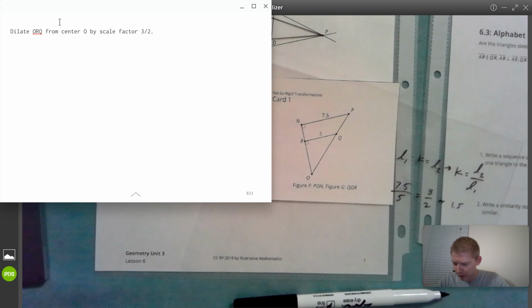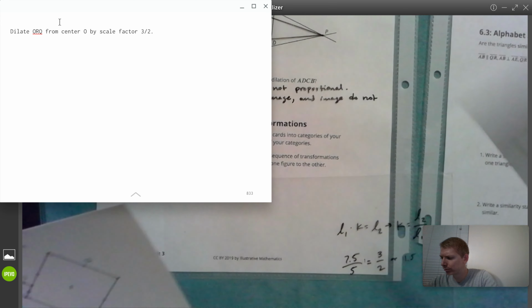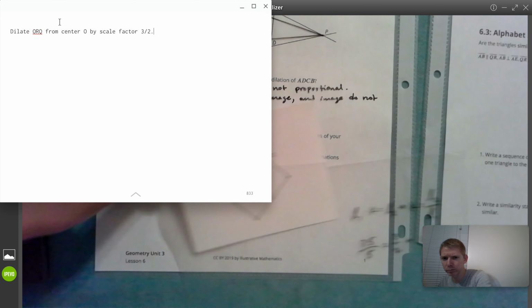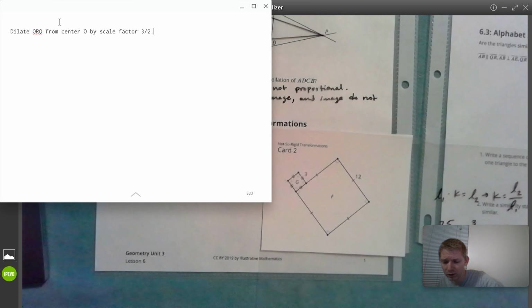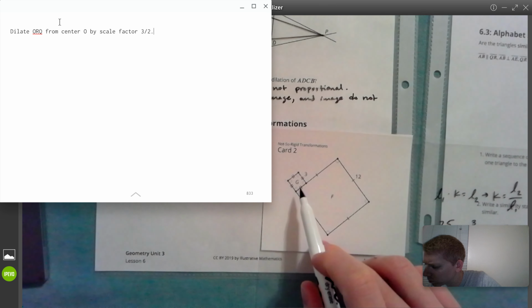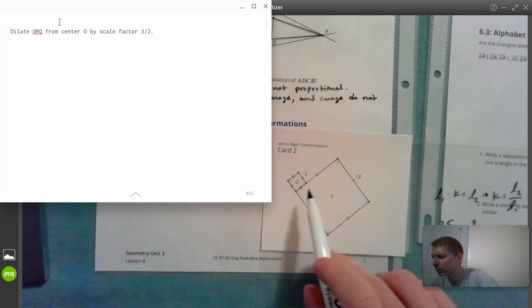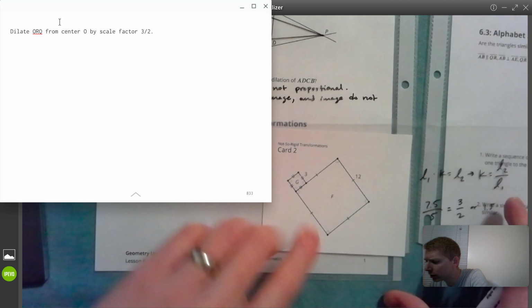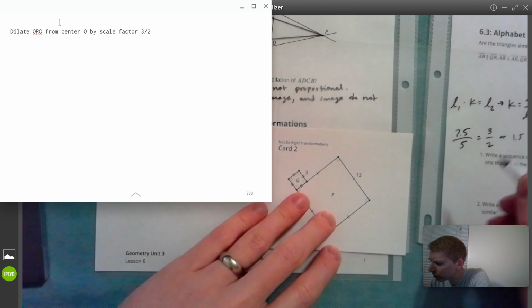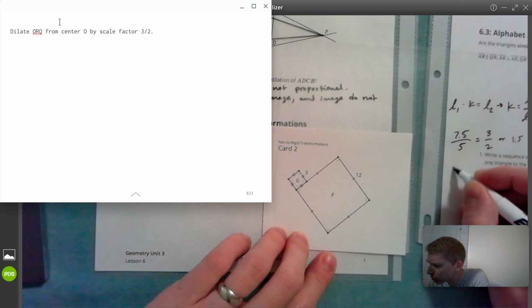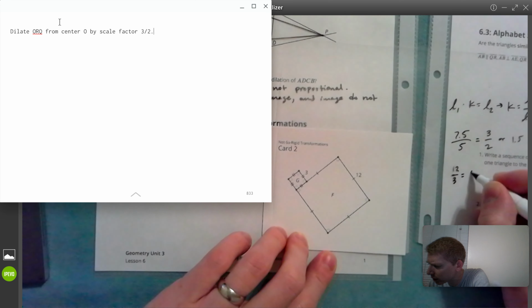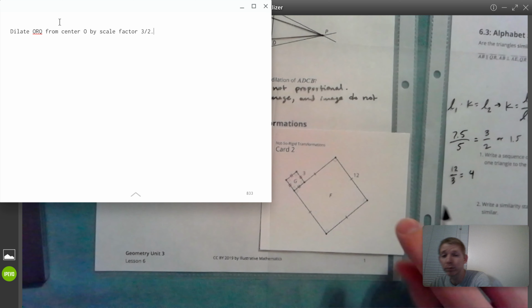All right, for the second card, this time we have a different scale factor. This time we have lengths of 3 and 12. So if we do our formula over here, we're going to have 12 divided by 3. That's going to give us a scale factor of 4. Okay?